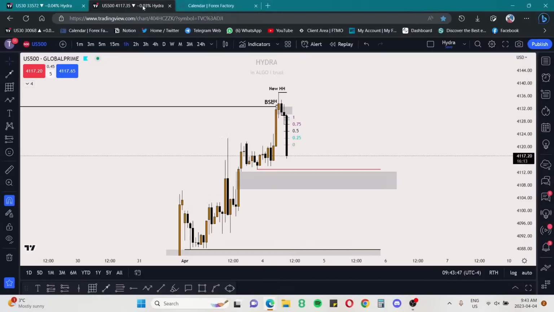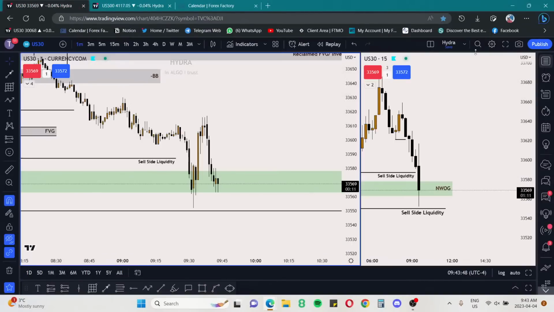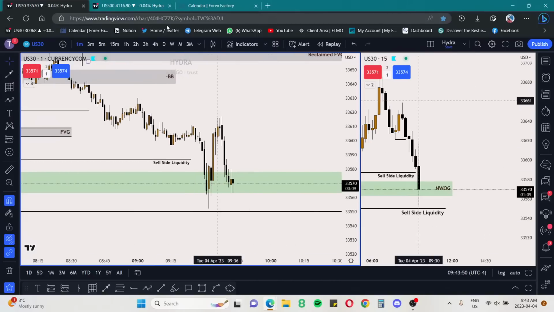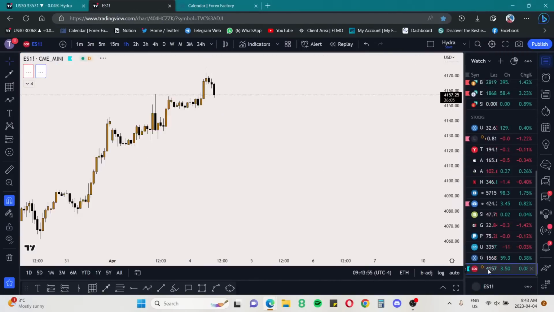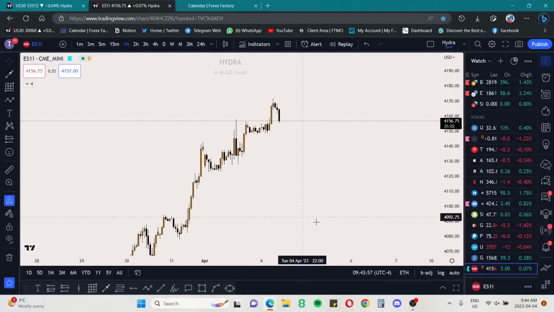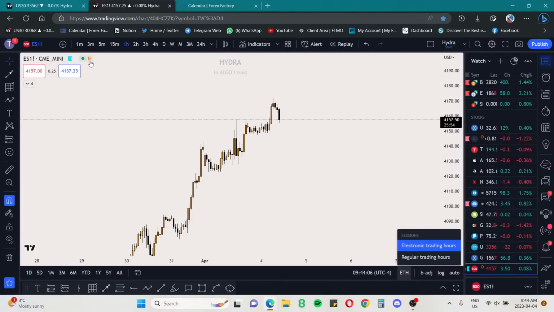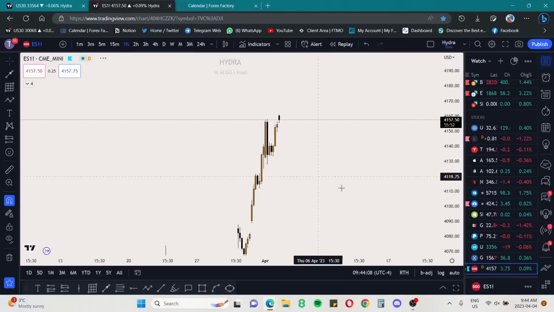Okay, let's look at ES and let's look at the regular trading hours. I don't have a subscription with it, but anyway, it's this chart that you see here, on CME mini, and I don't have a subscription on that, so that's a 10-minute delayed chart.